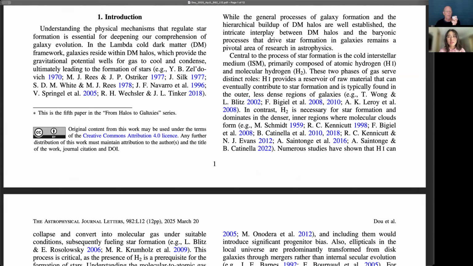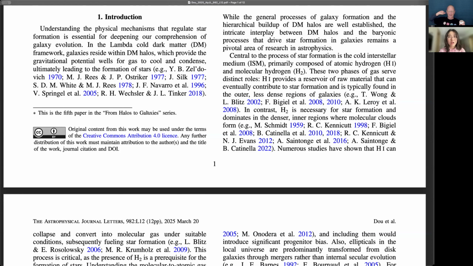And in the standard lambda CDM framework, galaxies form and evolve within dark matter halos, and the dark matter halos provide the gravitational potential wells for the gas to cool, condense, and eventually form stars. However, the detailed connection between the dark matter halos and the baryons that drive star formation in galaxies is still an open question.